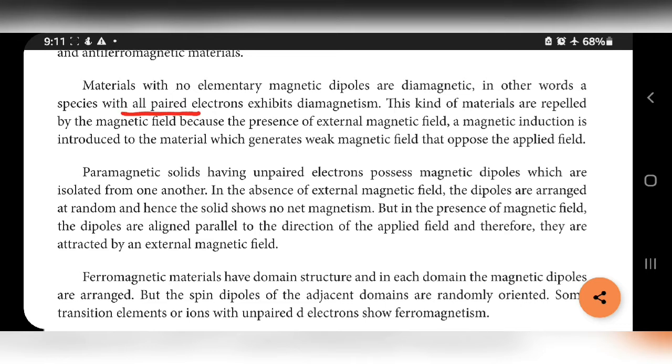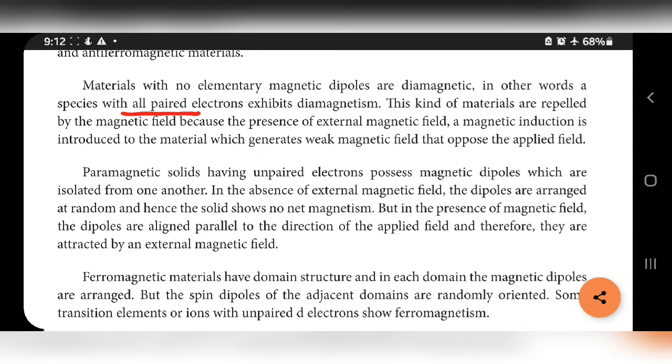If all electrons are paired, that is called diamagnetism. This kind of material is repelled by the magnetic field, because in the presence of an external magnetic field, a magnetic induction is introduced in the material, which generates a weak magnetic field that opposes the applied field.